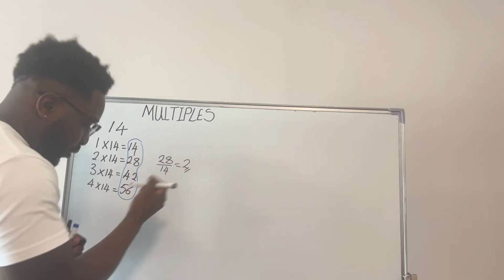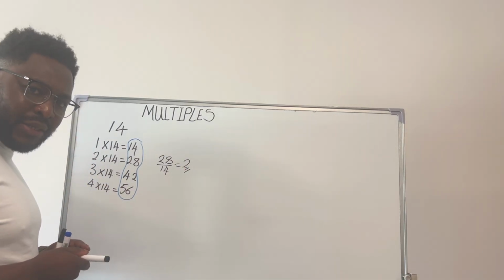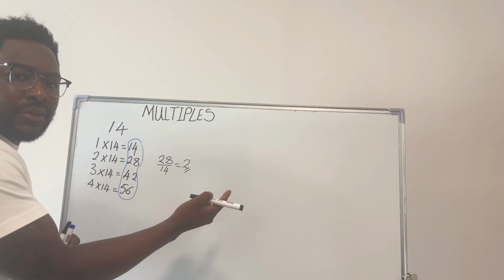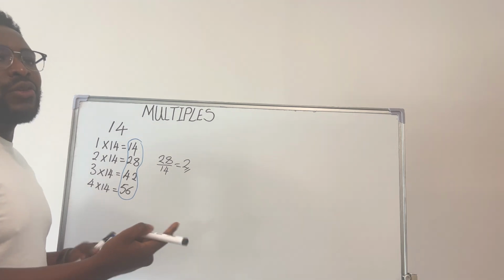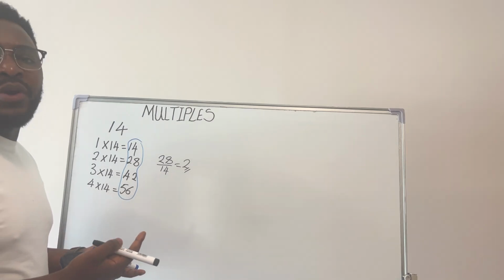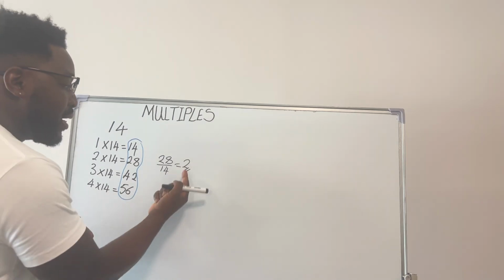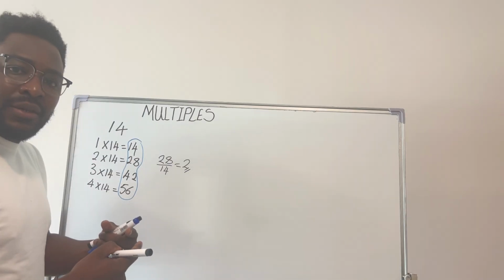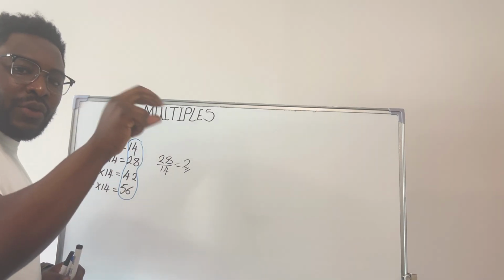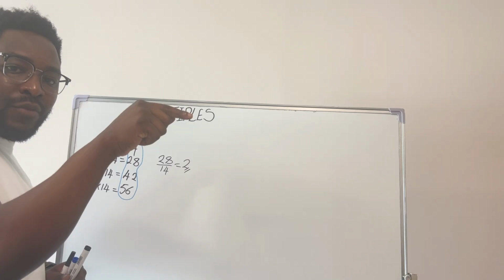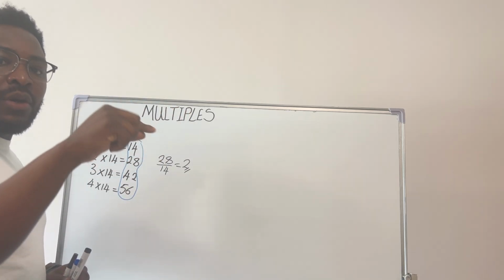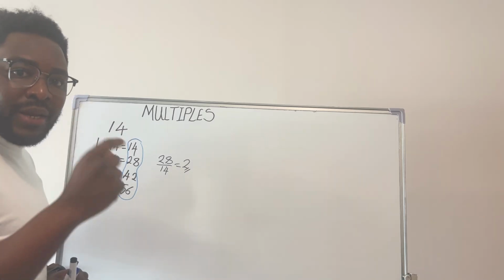If we look at this 2, it's a whole number, and it doesn't have any remainder. What I mean is it's not like 2.2, 2.3, or 2.416. It's just one single whole number. So we can say that multiples of a certain number will be divisible by that number without leaving any remainder.